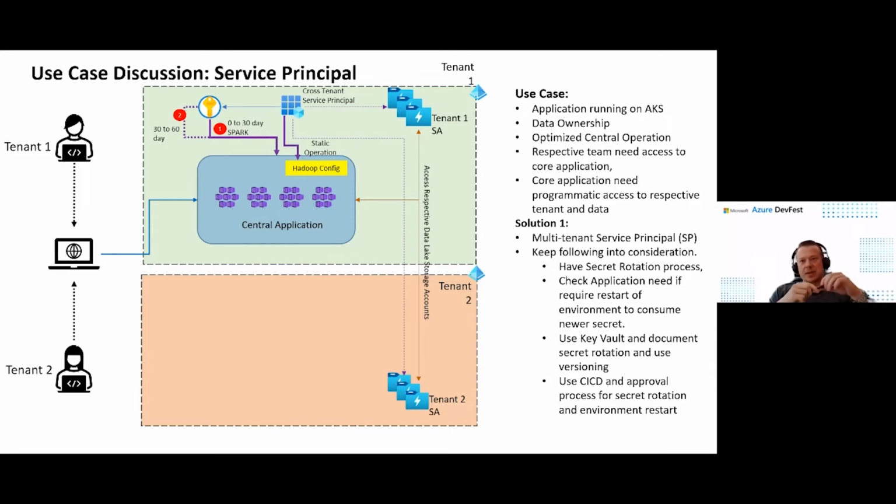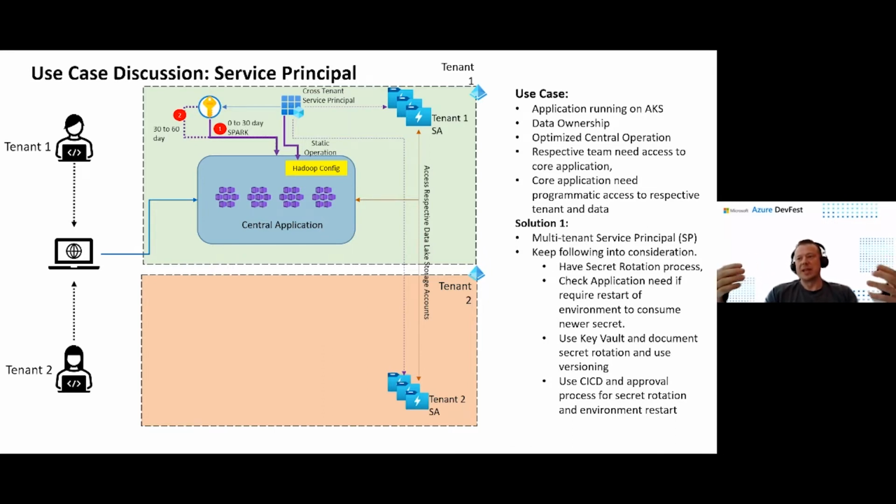And thanks to the multi-tenant service principal, they can access their own data. And they don't need to manage their own compute layer, because it will benefit the cost, obviously. Tenant 1 can charge back to tenant 2, and they can focus only on what they need to make their business more efficient.